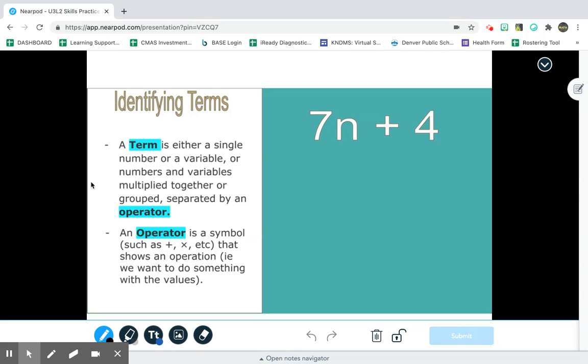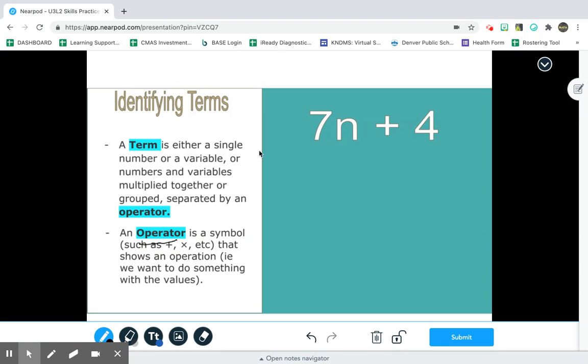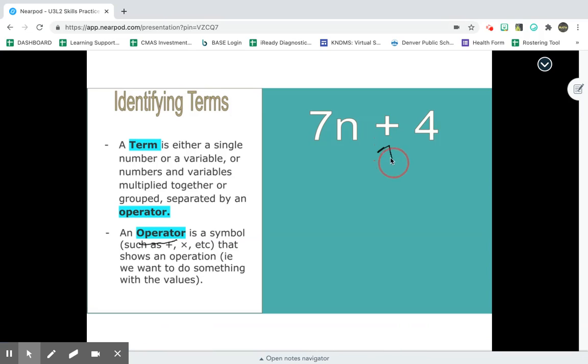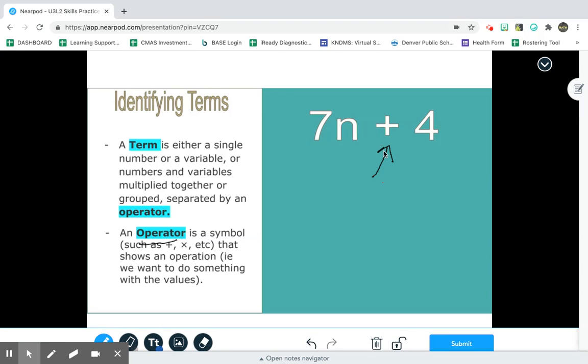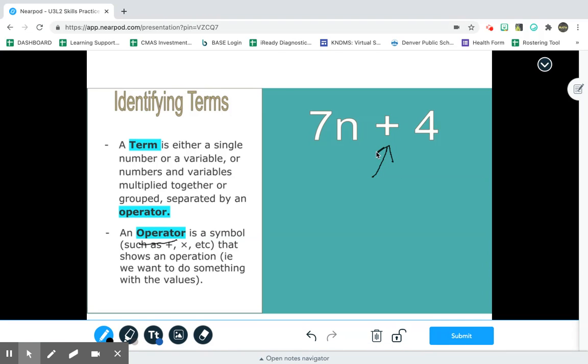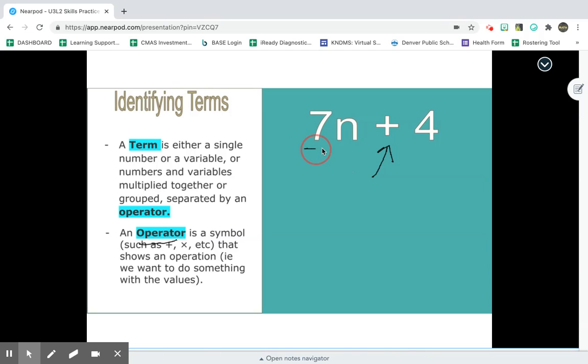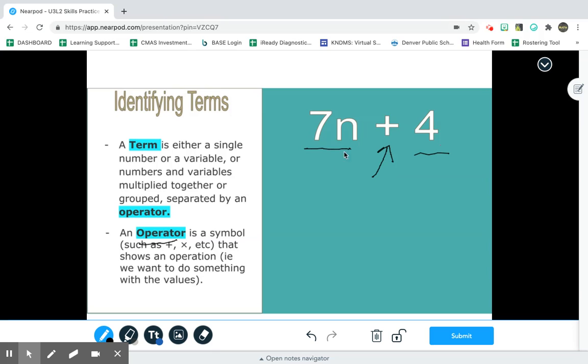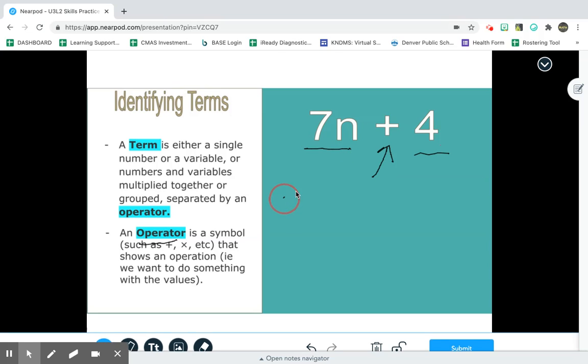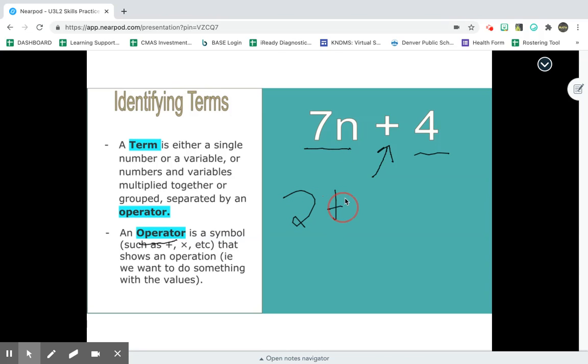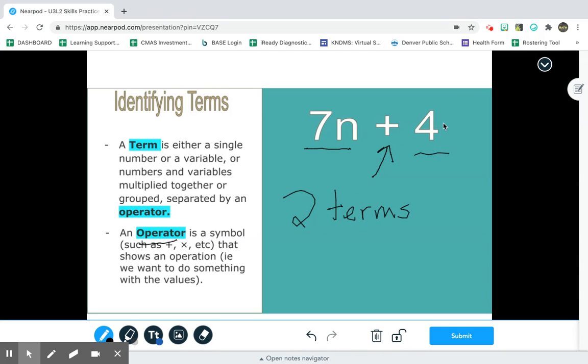So for us to identify terms, we first need to identify the operator. If you look here, I know that my operator is this plus sign. It's the operation that we're doing. We are adding. Well, what are we adding? We're going to add this 7n and this 4. But notice how in this expression, I have two terms. I have this 7n that's being added to the 4.